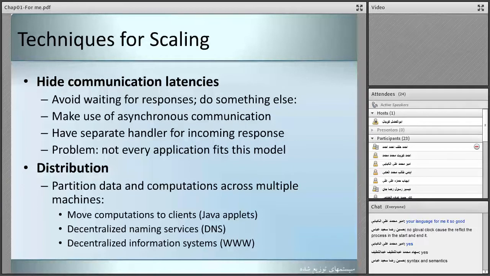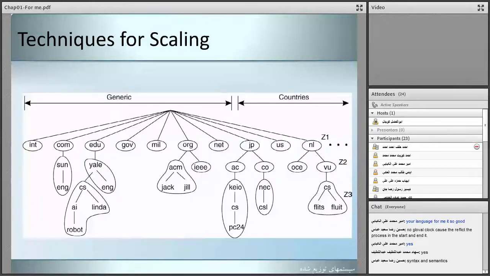For example, you type www.imamreza.ac.ir. It's an address of characters, but you must be connected to the server of this website. How are you connected to the website? By DNS. Look at this picture.